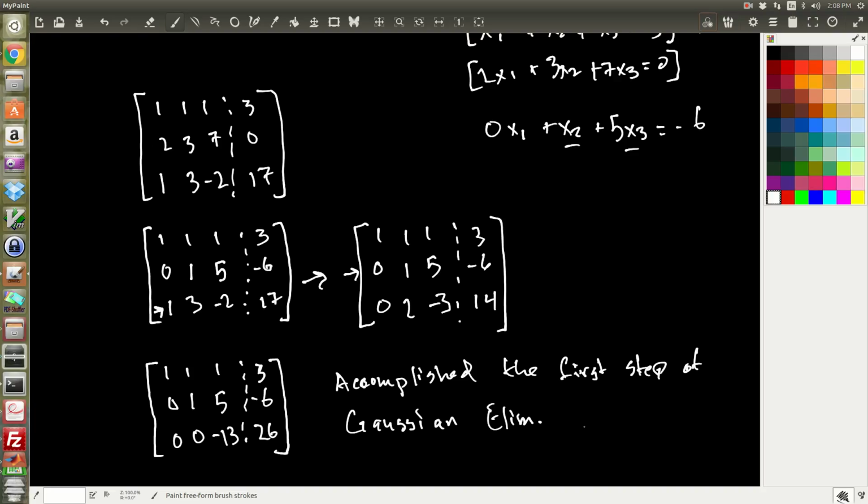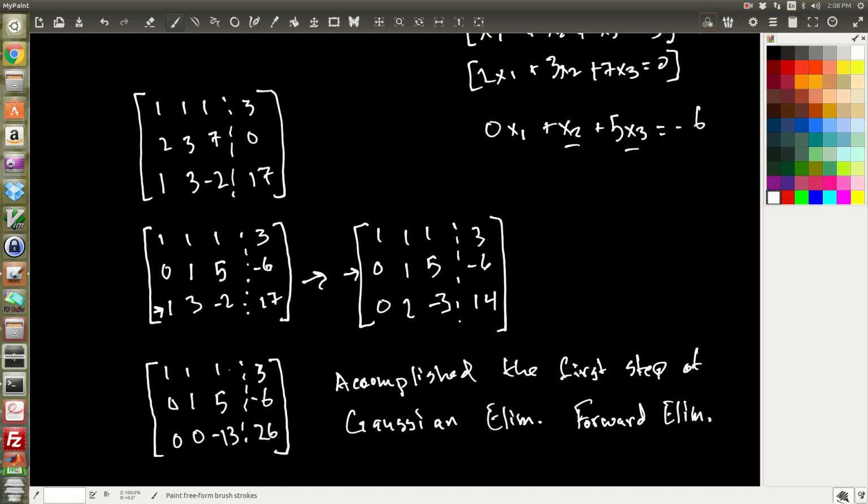That first step, by the way, is called forward elimination. That's the technical name. So forward elimination is the process of introducing these zeros to the lower triangular portion of the matrix.